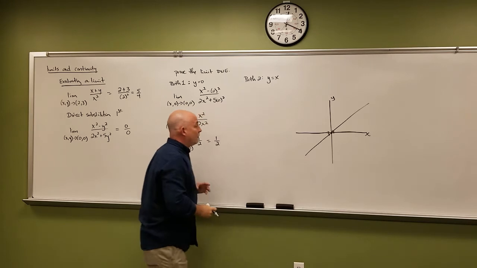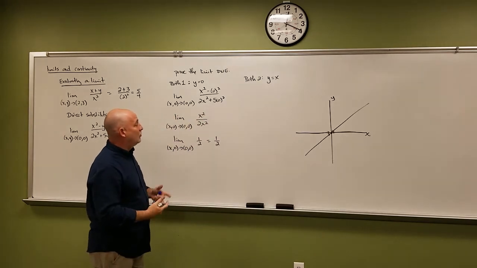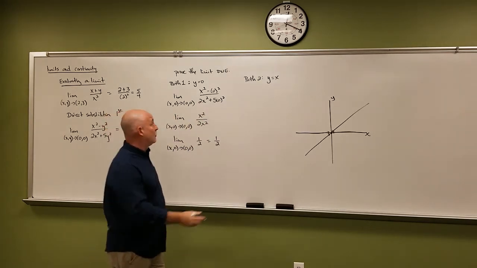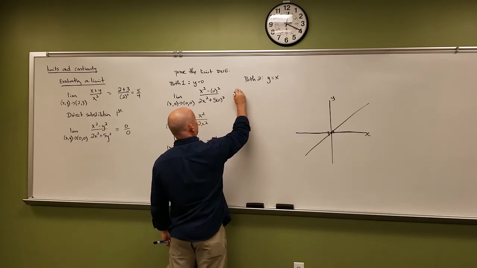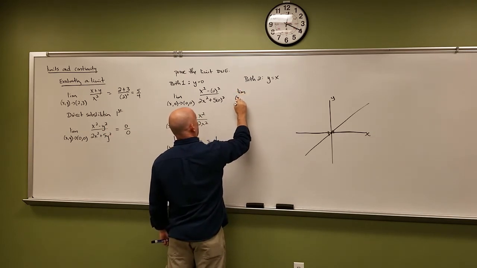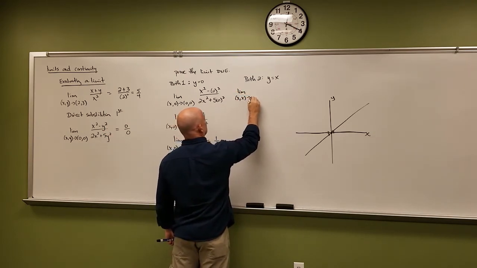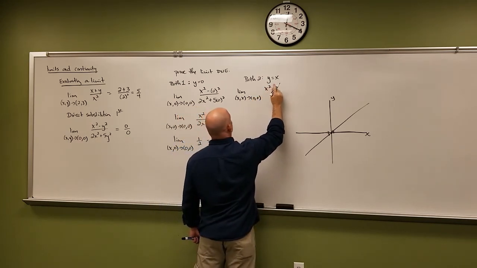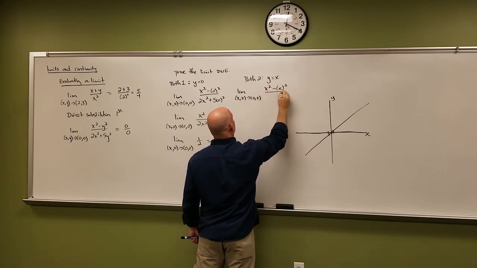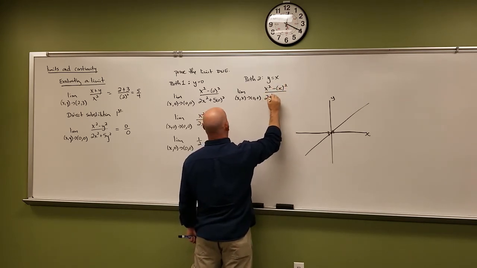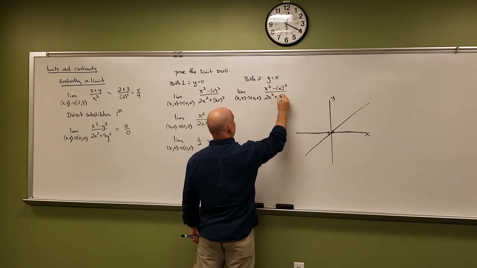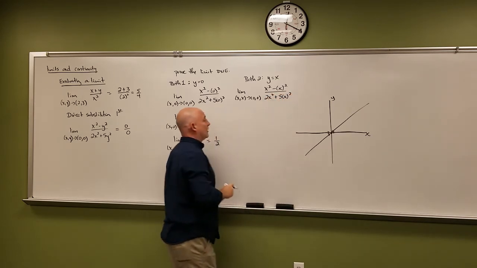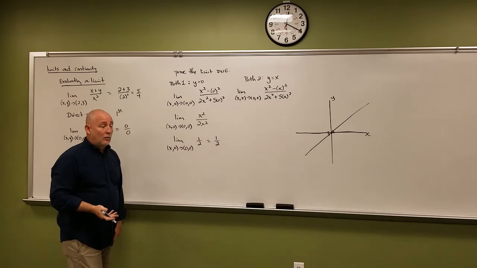If we approach it along the line y equals x, it means y is equal to x. So this becomes the limit as (x, x) approaches (0, 0) of x squared minus x squared all over 2x squared plus 5x squared. So notice all I did is I replaced all the y's with x's.